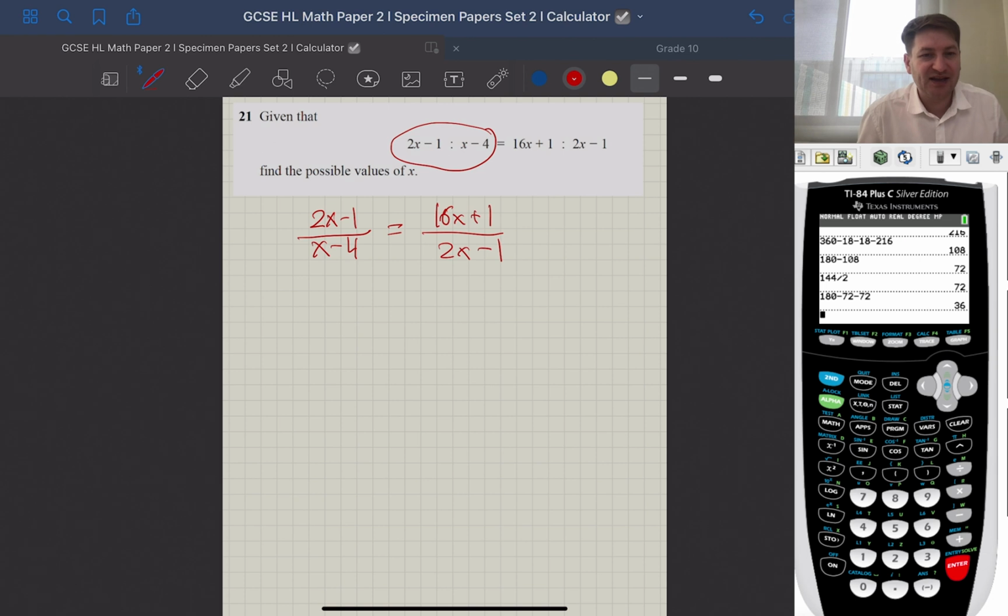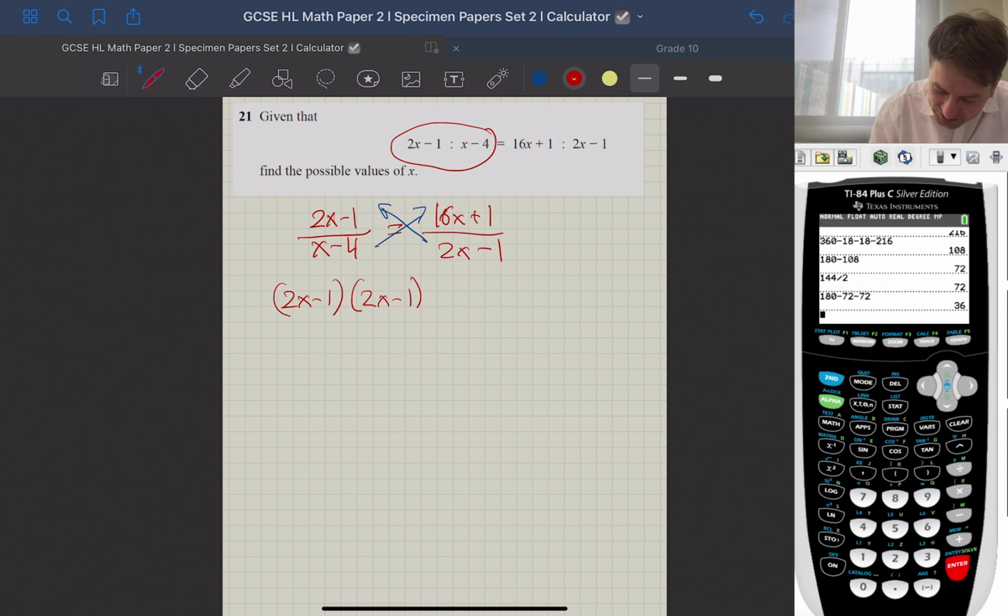Now, when it comes to any questions like this, you can cross multiply. So we're going to end up with 2x minus 1 and another 2x minus 1, that's lovely, equals 16x plus 1 and x minus 4. All right, so let's expand this bracket.